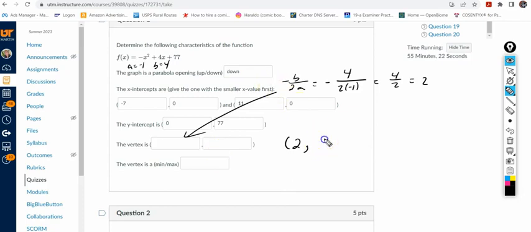Now what's the y coordinate? Well, it's going to be f evaluated at 2. So I'm going to come back up here, and if I want to evaluate f at 2, I'm going to have this.